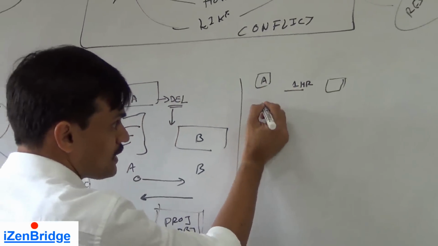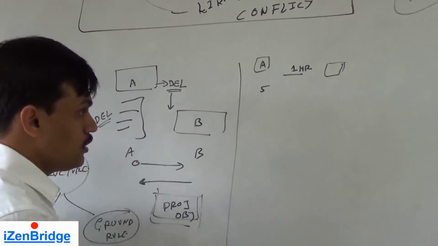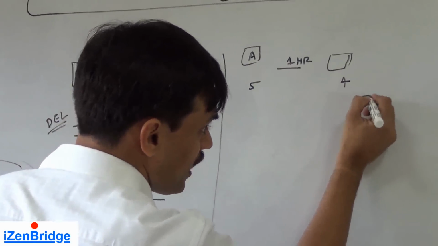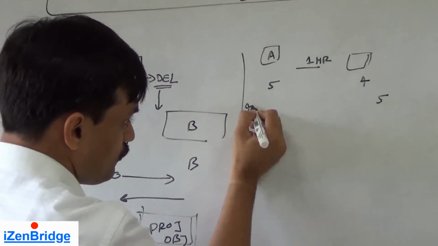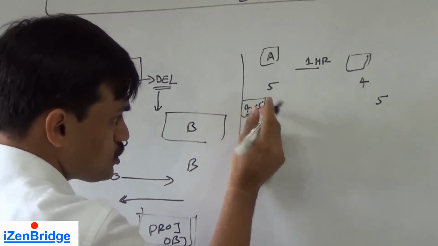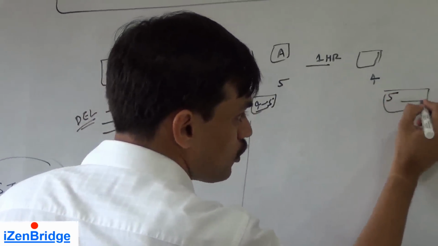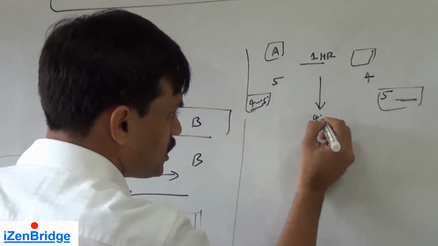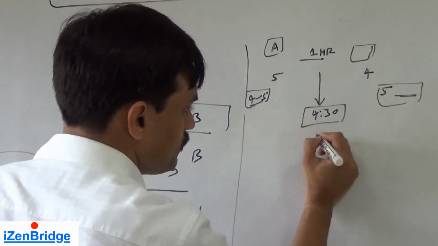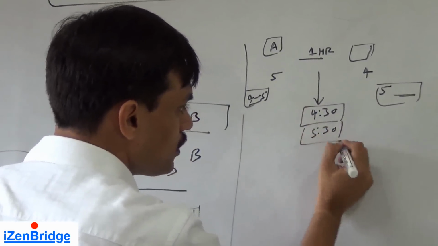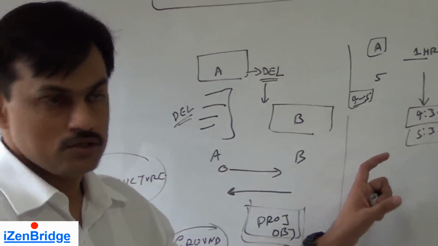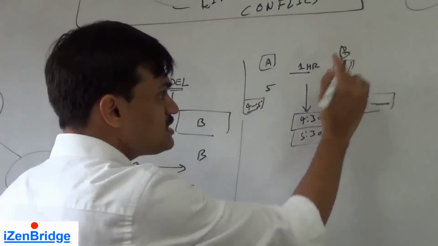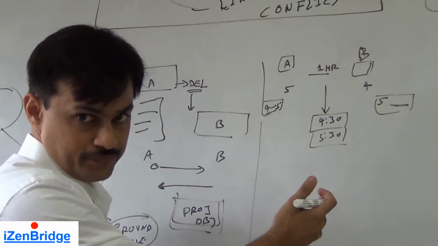This person is saying let's meet at 5. This person is saying let's meet at 4, because he has something starting at 5, and something finishing between 4 to 5. So his slot is not available and his 5 onward slot is not available. So they may agree, okay, let us meet at 4:30 and have this meeting between 4:30 to 5:30. It's a compromise. Both of them will adjust their schedule.